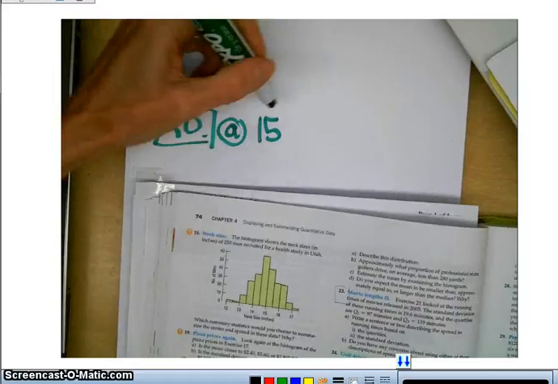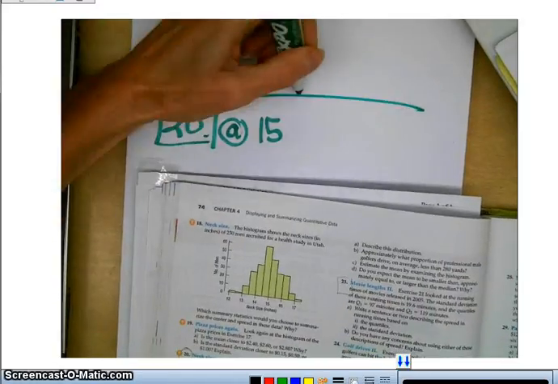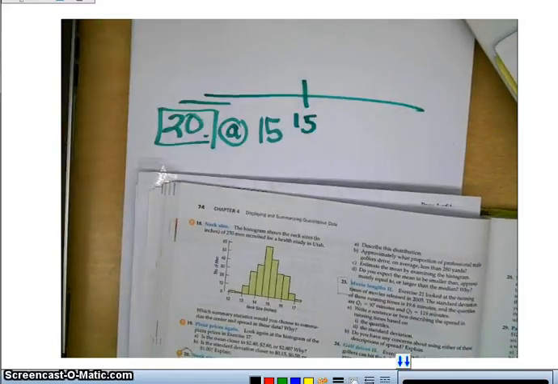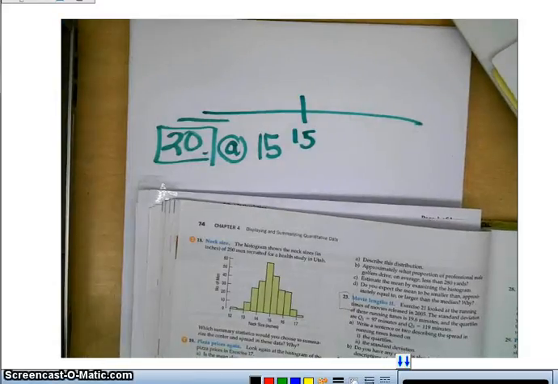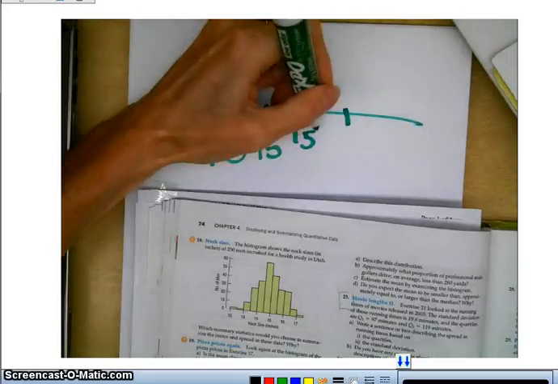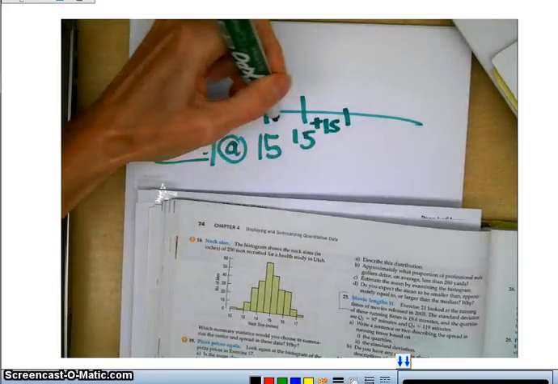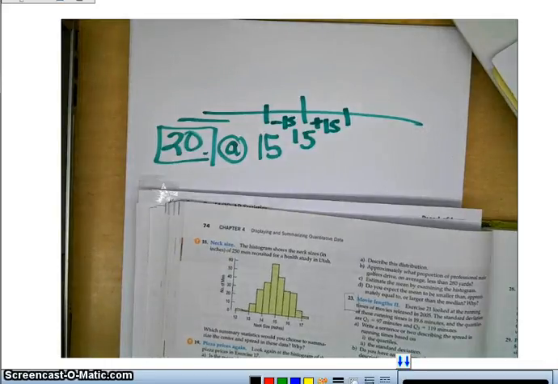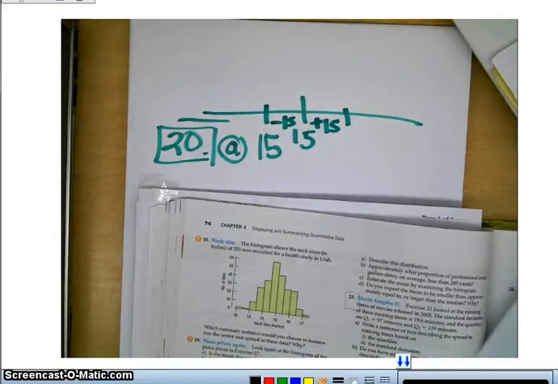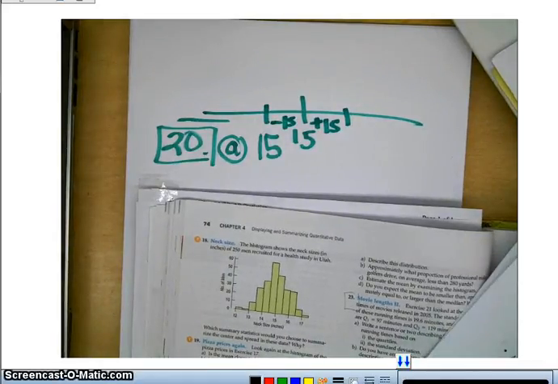So if we know that in this data the mean is 15, we would expect most of the data to be within 1 standard deviation above and 1 standard deviation below.